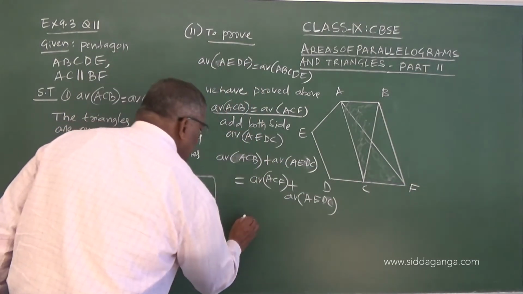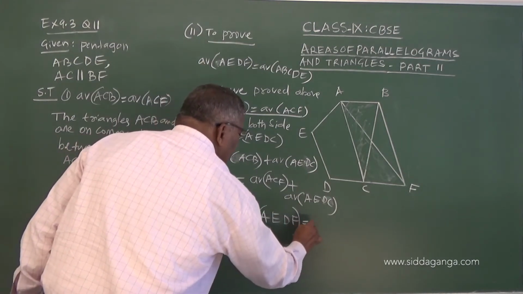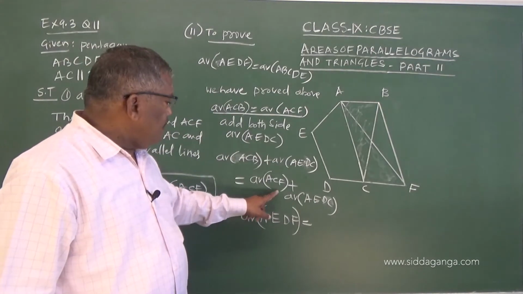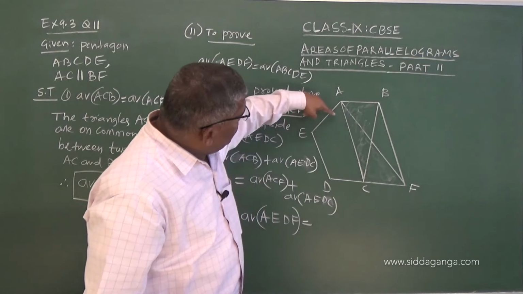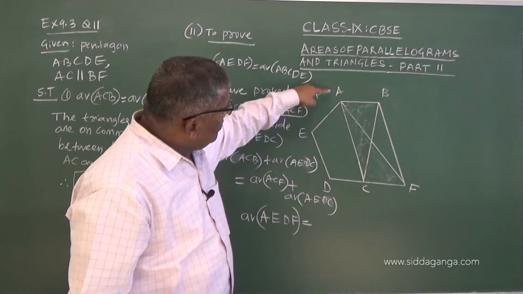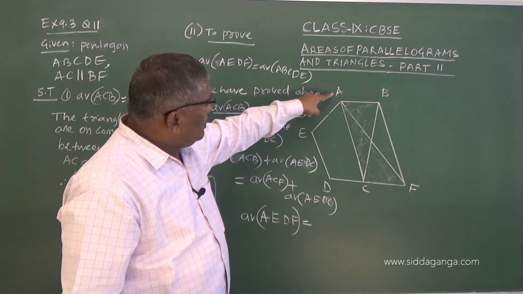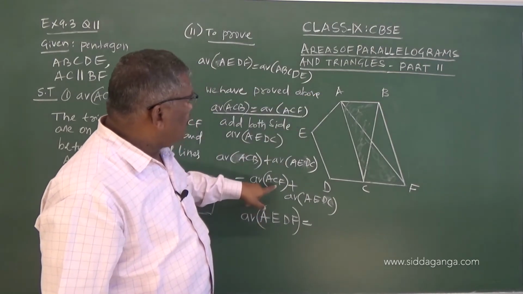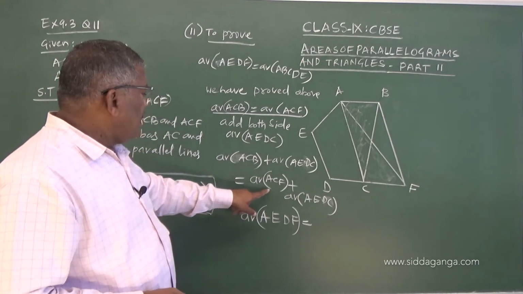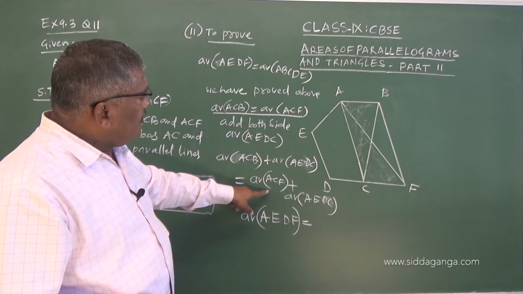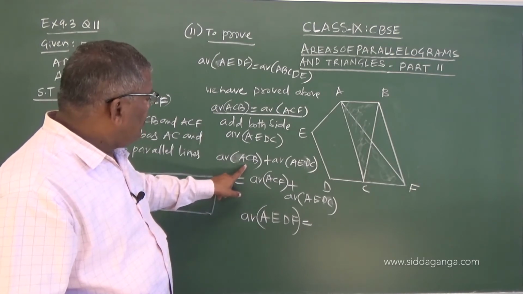So left hand side it becomes area AEDF, equals right hand side, sum of ACF and AEDC.